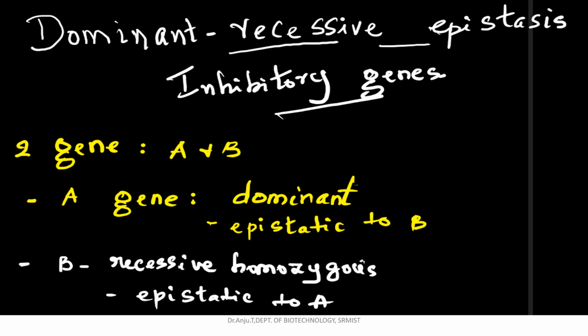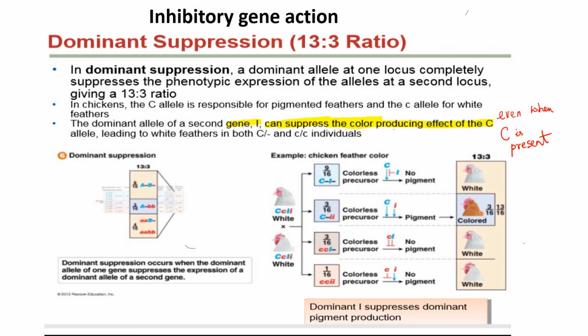And why are we using the term inhibitory gene? Because here we see inhibitory action of a dominant allele of one gene over the expression of the other gene, even if it is present in the dominant form. For example, we will see chicken feather color.